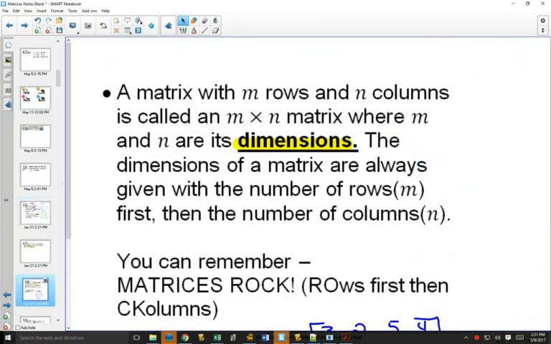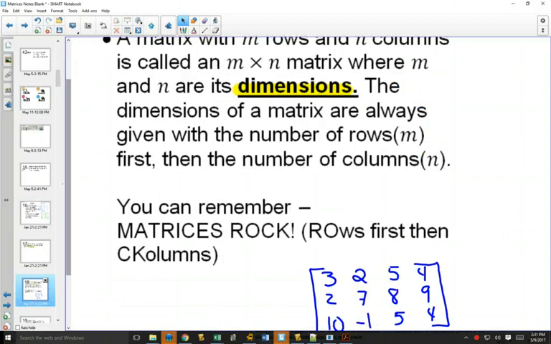Well, I have just the thing to help you remember. You can remember because matrices rock. The RO comes for rows first, and then columns next. If you have a CK when you spell columns. If you can't decide whether you want to use the Canadian or the Russian spelling of columns.